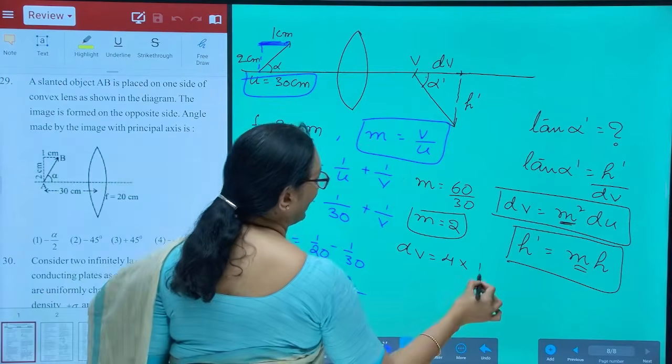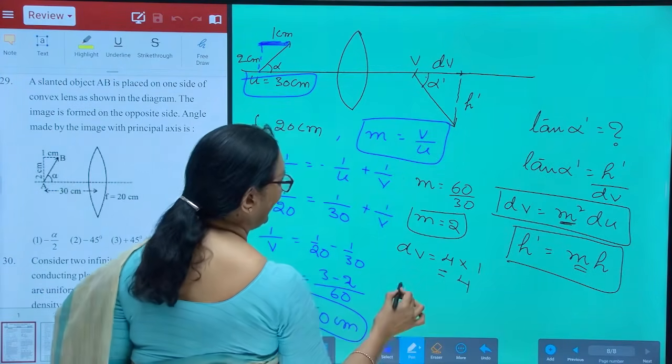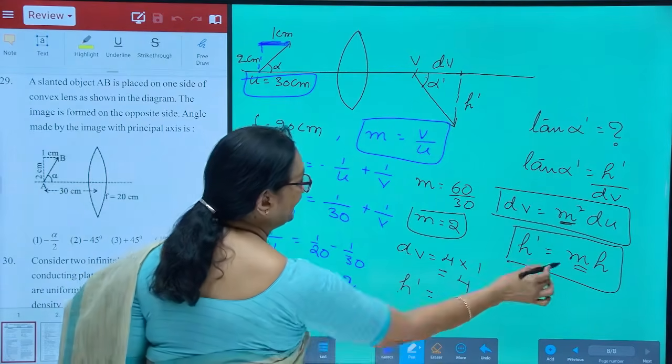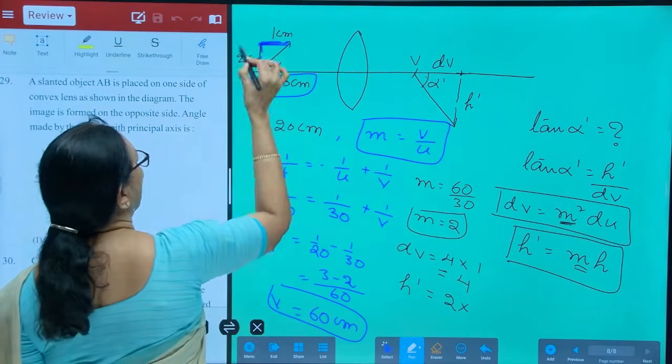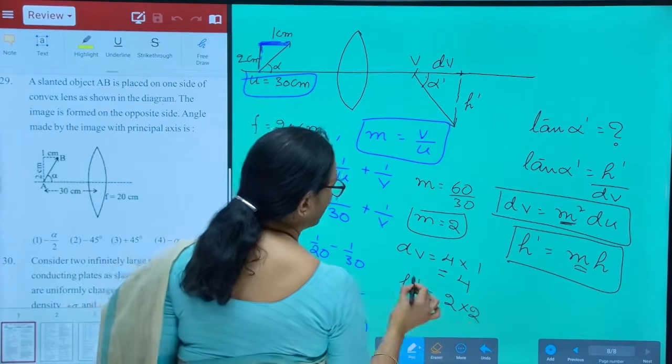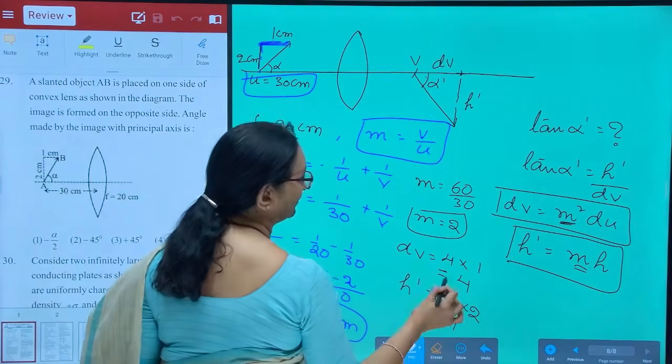This is 1, so this is 4. And h dash is equal to m, that is 2, into the vertical distance, which is 2. So this is also equal to 4.